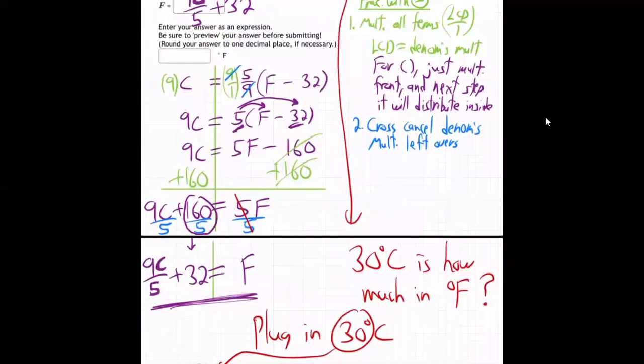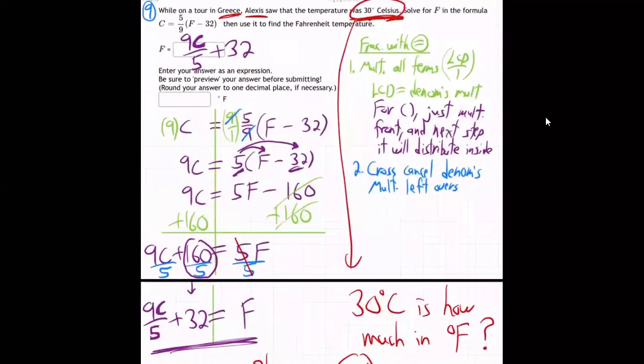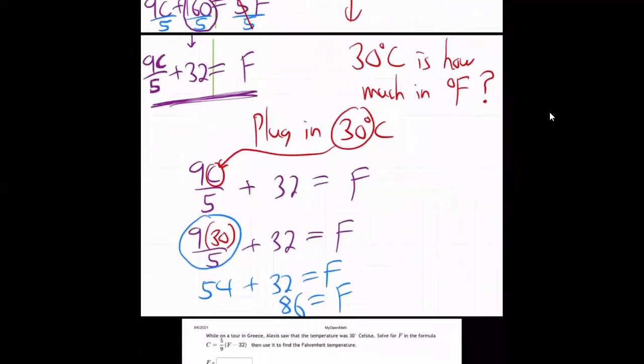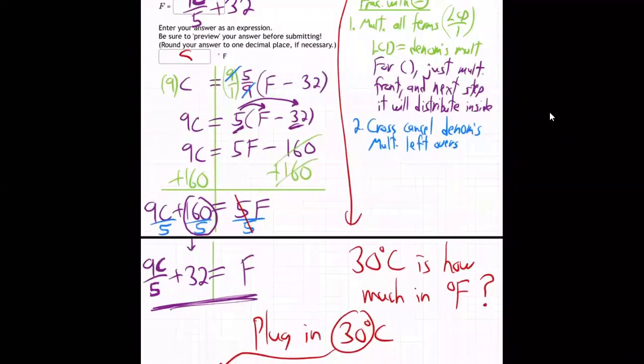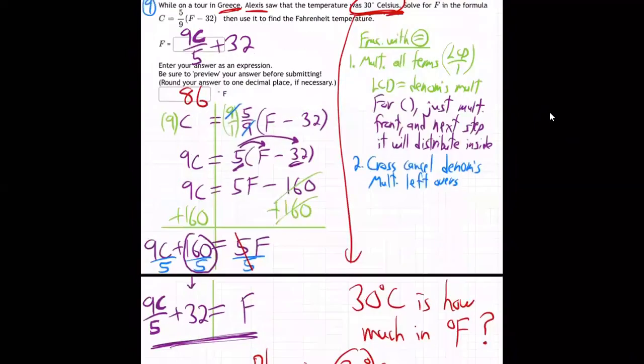So this formula is used for converting between Celsius and Fahrenheit. We took it and we got the F alone, and then we could use it to plug in. And so that's the answer that goes in the second blank, 86 degrees Fahrenheit. So they already have the degree Fahrenheit right there for us. So there we go.